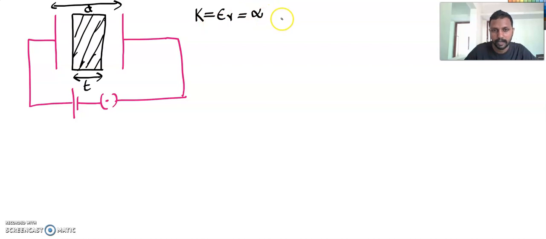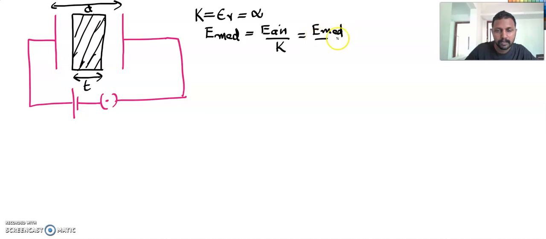Then we could say electric field intensity in medium is electric field intensity in air divided by K. That means in this case electric field intensity in medium will be E air divided by infinity. A number divided by infinity is 0. Therefore, it's an important point: electric field intensity in medium is 0.